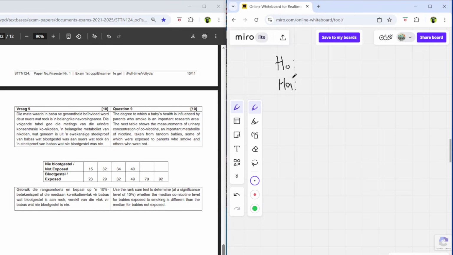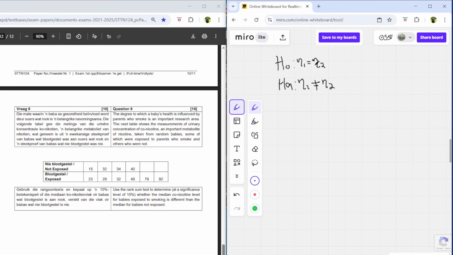The null hypothesis says N1 is equal to N2, and the alternative hypothesis says N1 is not equal to N2.